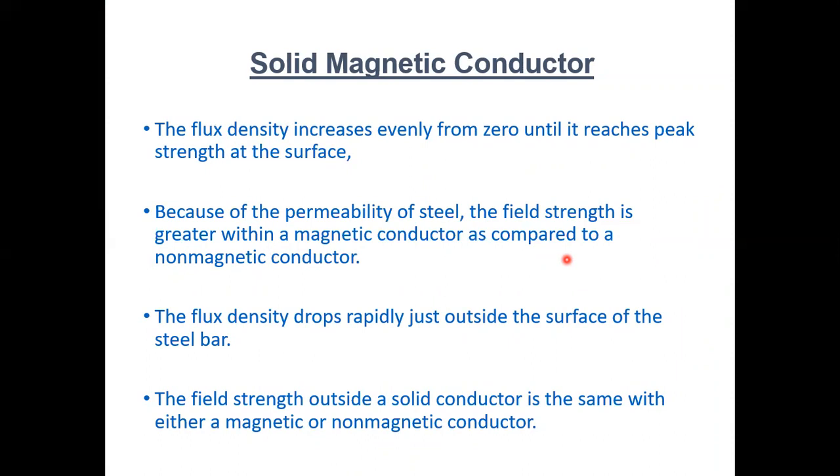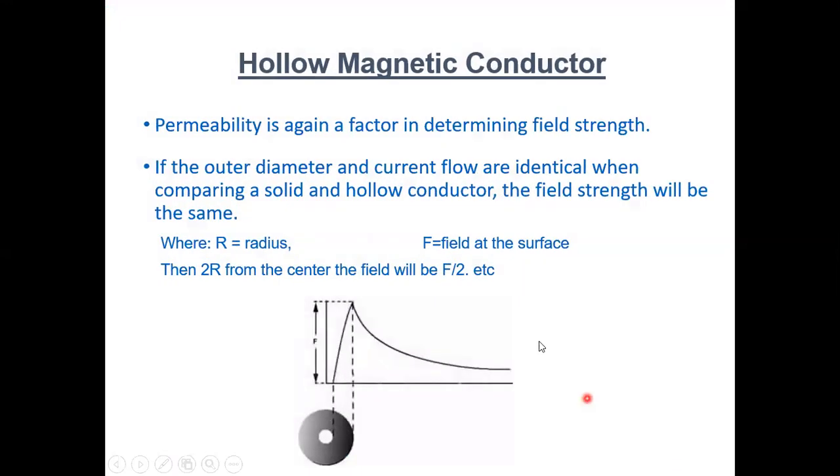The outside media there is air, so the outside field depends upon the permeability of air. So flux density drops rapidly just outside the surface of the steel bar. The field strength outside a solid conductor is the same with either a magnetic or non-magnetic conductor.